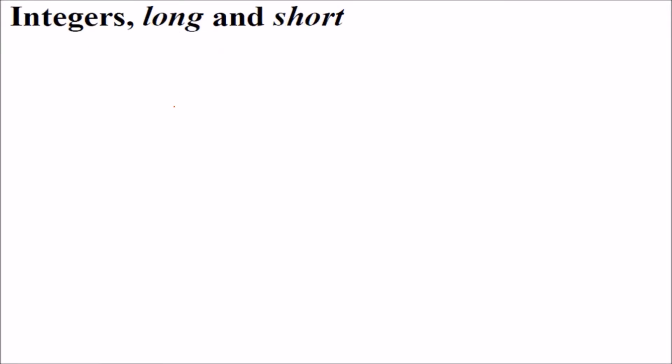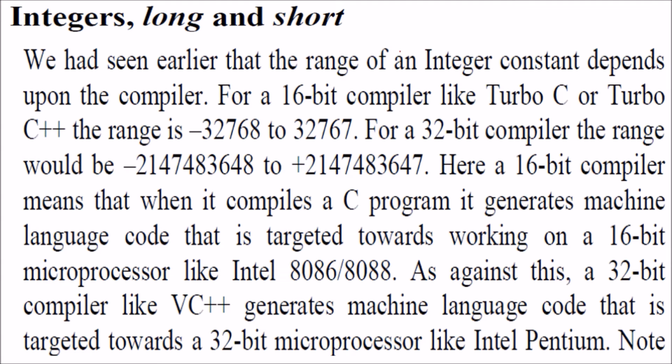Integers, long and short. Integer, we are talking about integer in C. So we need to understand that it is compiler dependent. For example, if it is a 16-bit compiler like the Turbo C or Turbo C++, the range of integer is negative and positive. These are the numbers. Why? Because integers take negative as well as positive number.